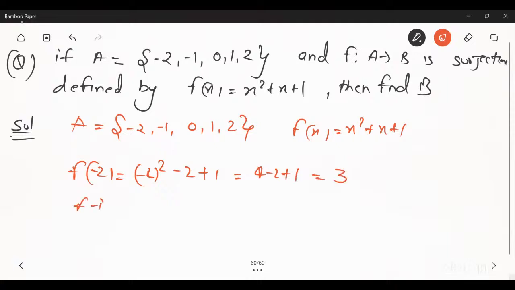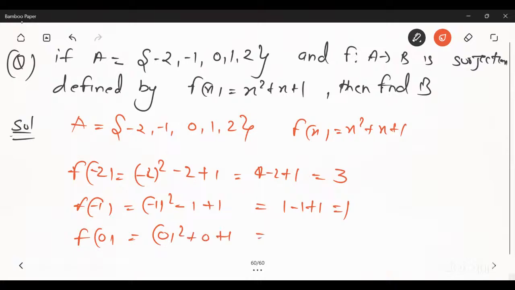So f of minus 1 is equal to (minus 1) whole square minus 1 plus 1. So 1 minus 1 plus 1 is equal to 1. So f of 0 equal to 0 square plus 0 plus 1 is equal to 1. Okay. Now f of 1.